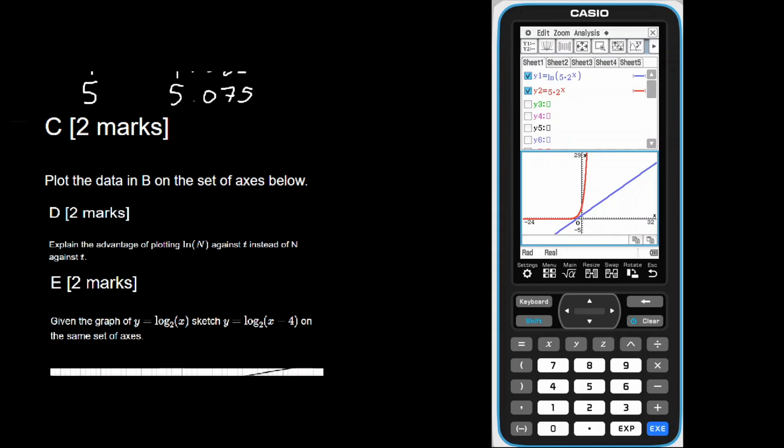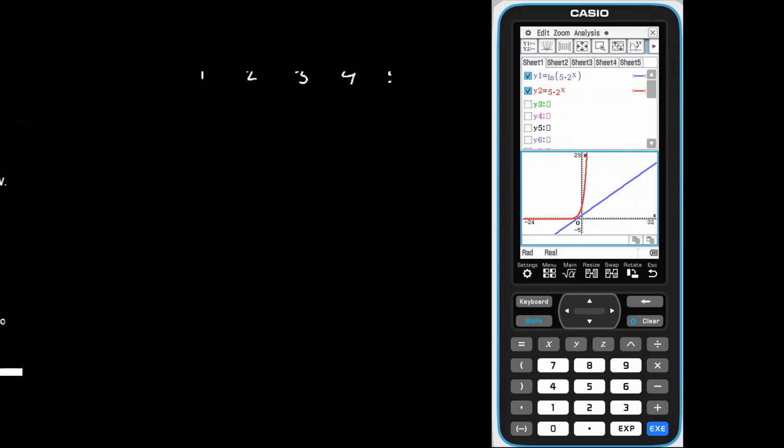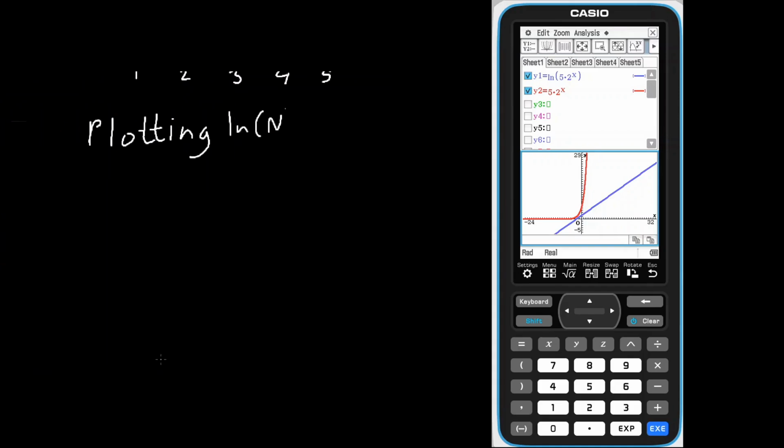So it's 2 marks, and I guess how we're going to write it out. So let's say plotting ln n against t yields a straight line. Okay.